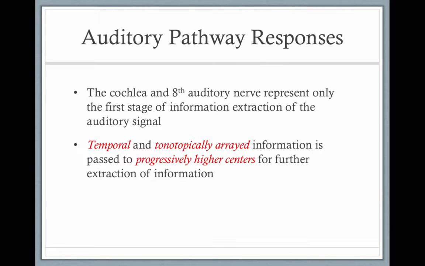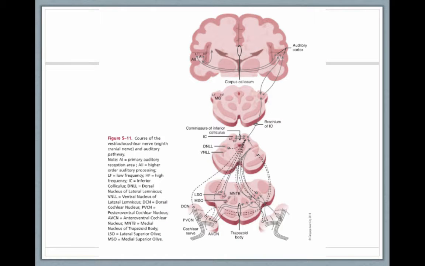Now, as we move up further and further in the auditory pathway, we have the firing that's sent up to the afferent nerve fibers. Remember, afferent nerve fibers send messages up to the brain. And we have processing and reprocessing and processing and reprocessing of sound.